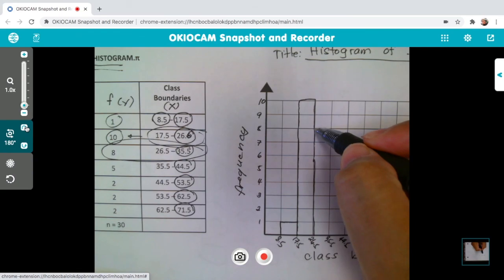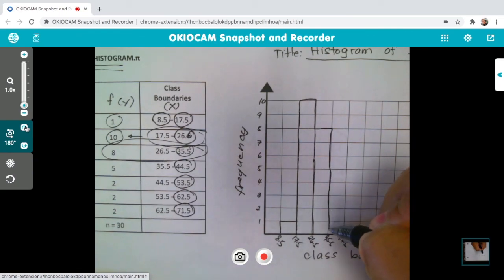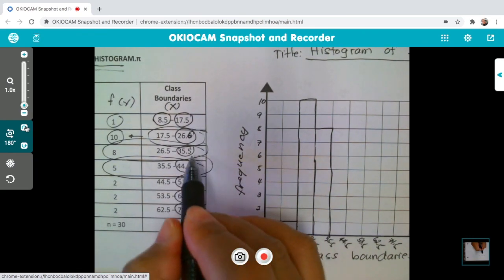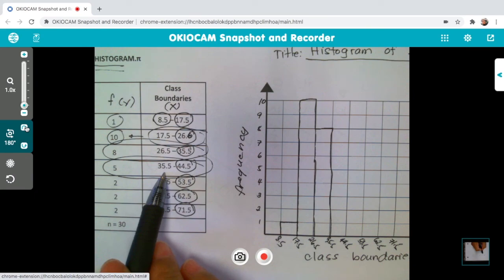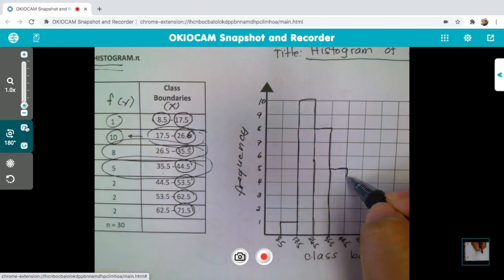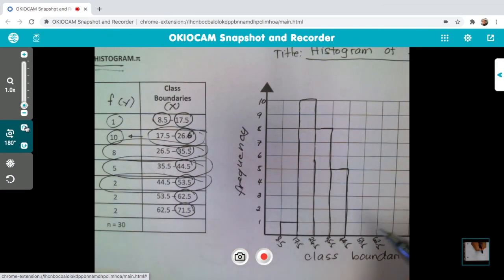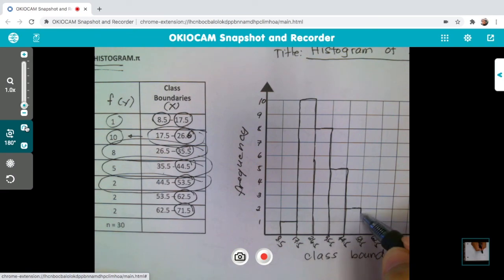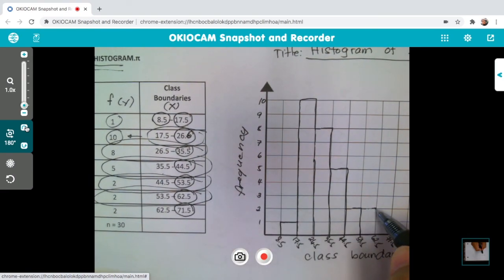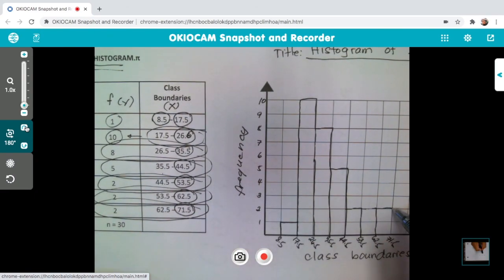So 8 is here. Then we have 35.5 to 44.5, there are 5. Then there are 2, also 2, and there are 2 as well.